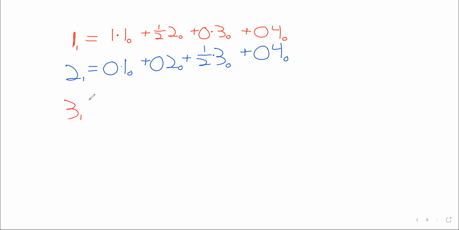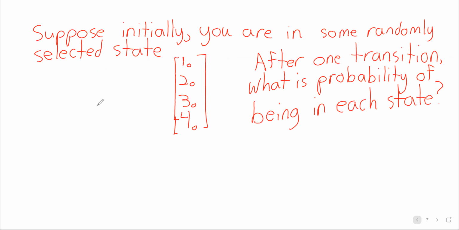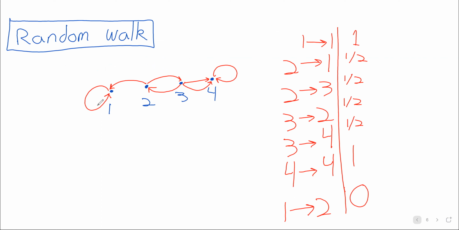And the probability we wind up in state 3, well, there's once again only one way to do that. To be in state 3, we need to start in state 2 and go right. That's the only way we'll wind up there.